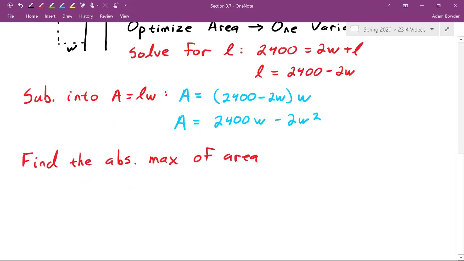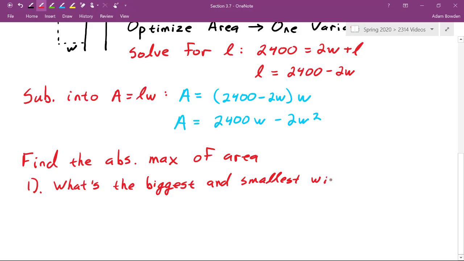However, one thing we do need to figure out is what's the biggest and smallest that the length and the width can be. What's the biggest and the smallest width? Because we want to know how big and how small this can get.